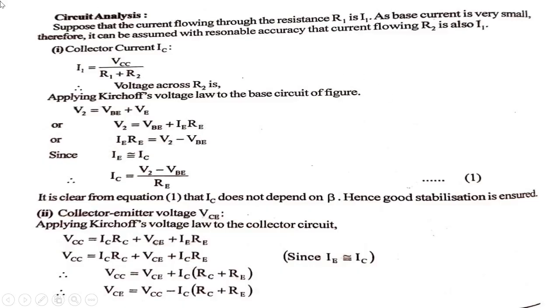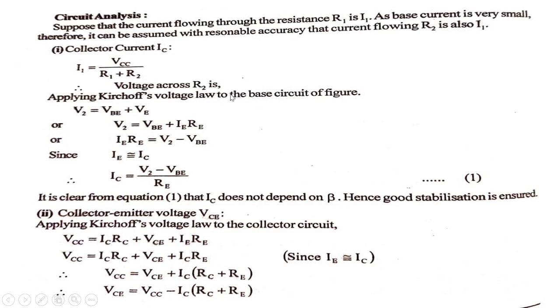Now see the circuit analysis. Suppose that the current flowing through the resistor R1 is I1. As the base current is very small, it can be assumed with reasonable accuracy that the current flowing through R2 is also I1. So I1 equals VCC upon R1 plus R2. Therefore the voltage across R2 is V2.